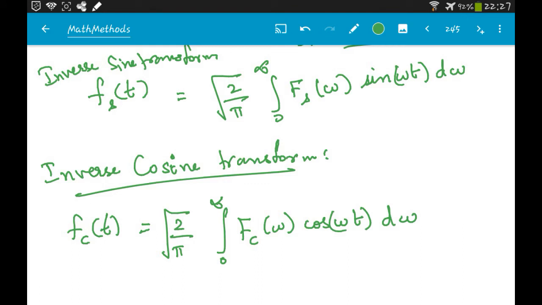Okay, because you want the function in terms of t, you will integrate over d omega. If you want the Fourier transform, the function will be in terms of frequency omega, so you will integrate over dt. Okay, that's the general rule. Alright, so now let's calculate Fourier transform of a few functions.